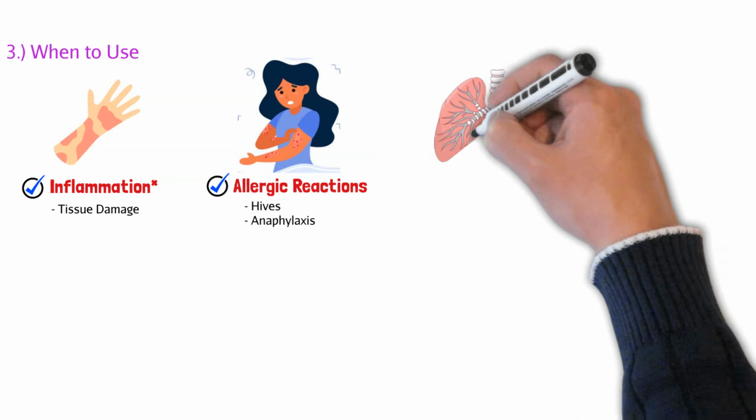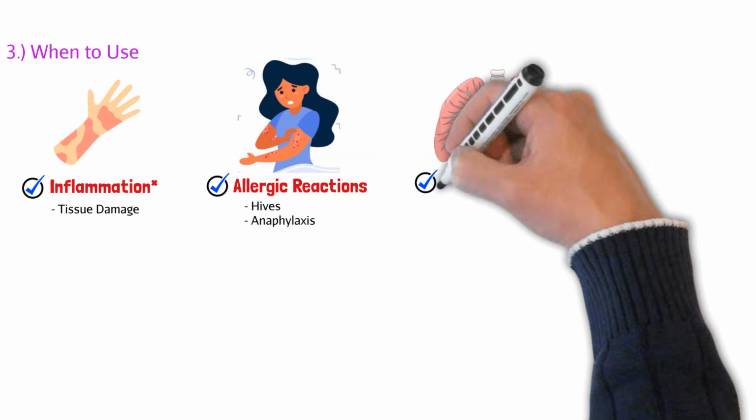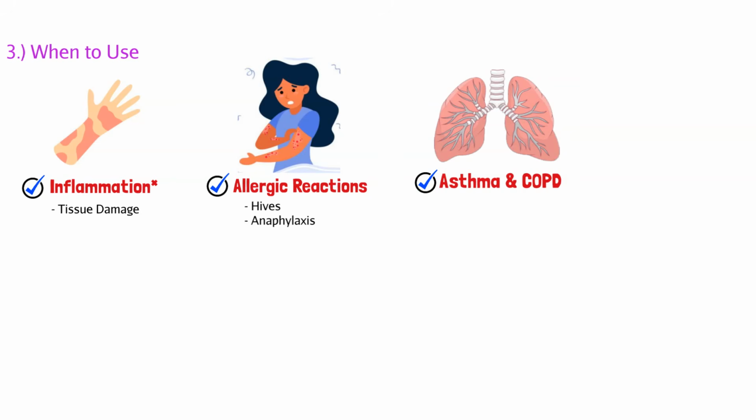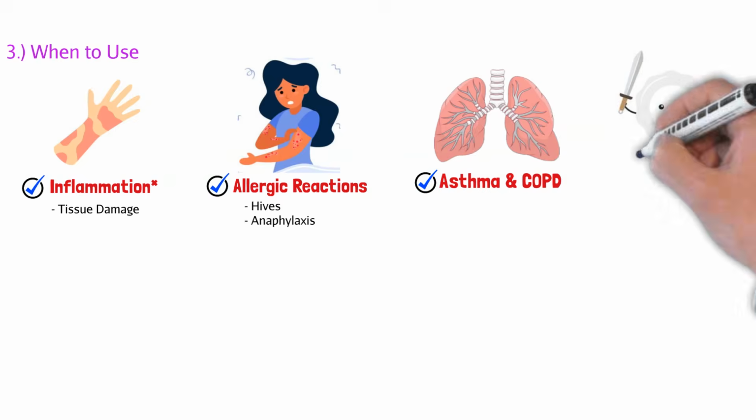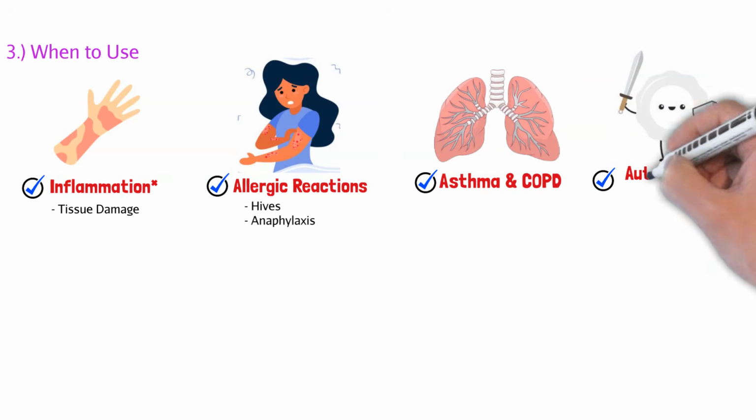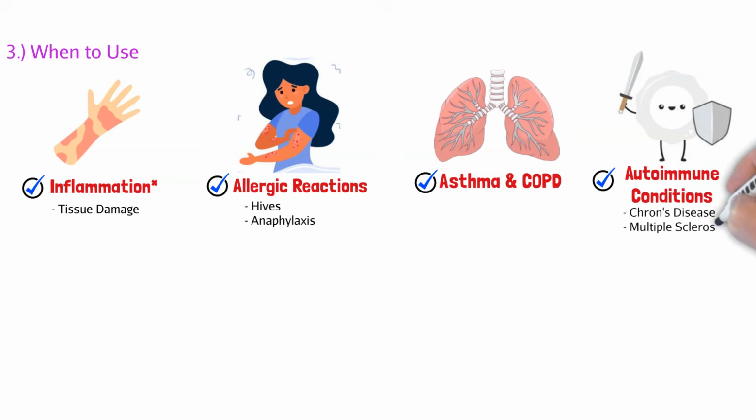Then we talked about asthma and COPD, right? Patients that have asthma or have COPD use inhalers. And the majority of the time, not always, there's going to be a steroid in the inhaler. Next, we talked about autoimmune conditions. We can use steroids in various autoimmune diseases.